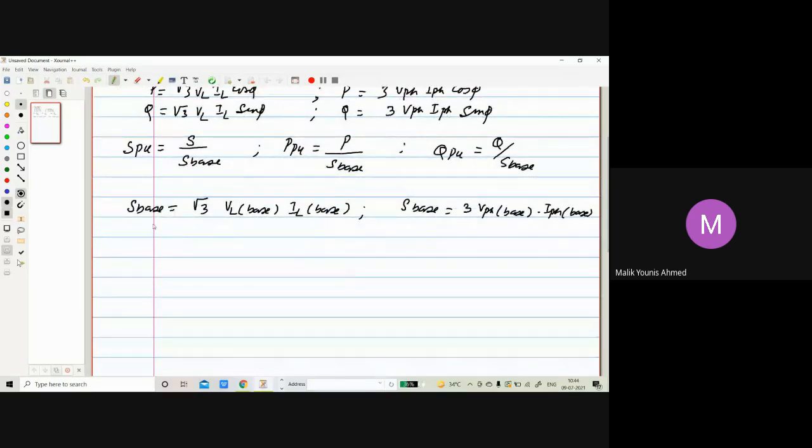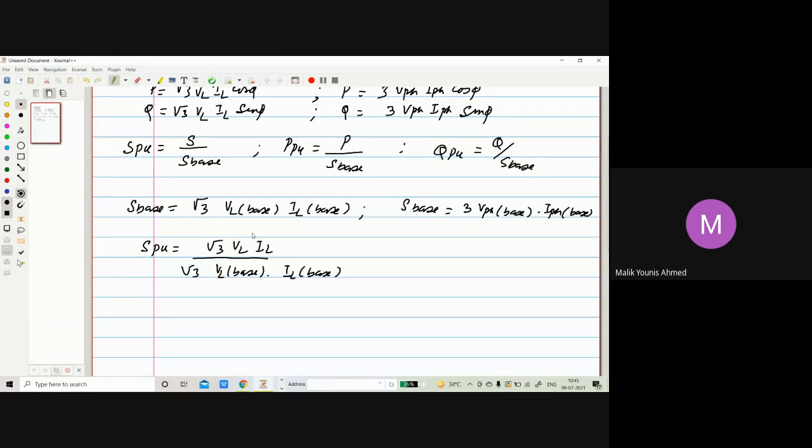Then further, S per unit I can write as root 3 VL IL, in terms of line, divided by S base, which in terms of line is root 3 VL base into IL base.